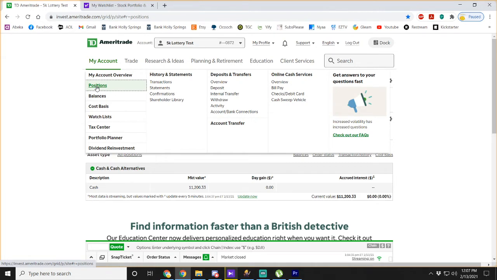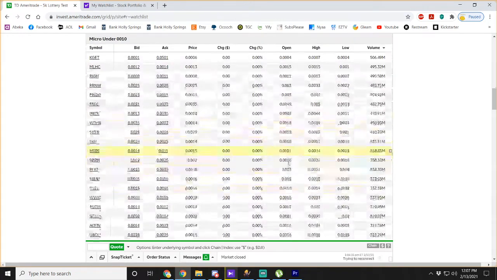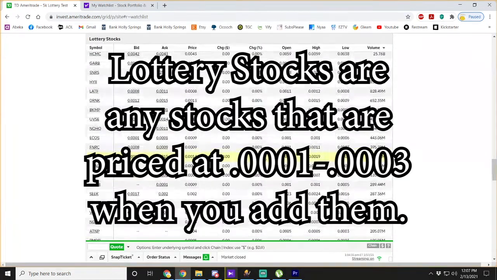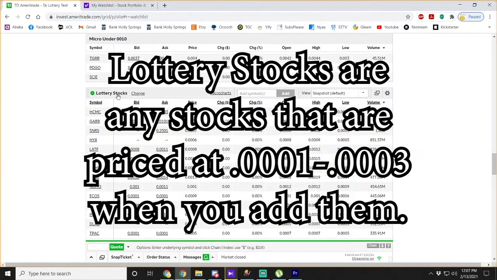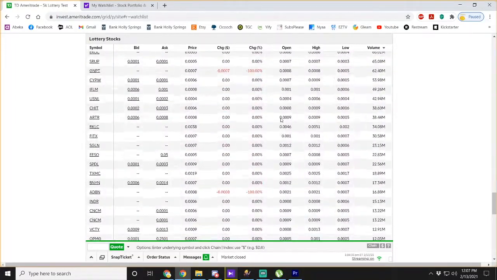Our watch list has grown substantially, and I actually deleted the Lottery 5K watch list that we created together and went back to using just my watch list that I've been building for a few months now. That is this one that says lottery stocks. And if you look, this list is way bigger.